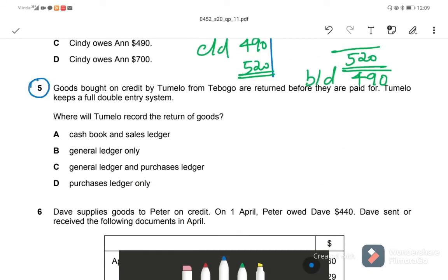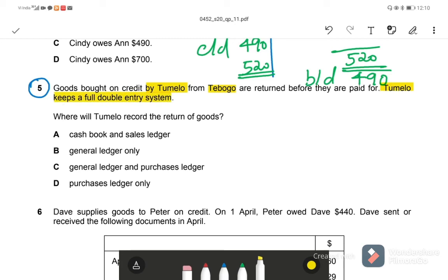Question number 5. Goods bought on credit by Tumelo from Tobago are returned before they are paid for. Tumelo keeps a full double entry system.